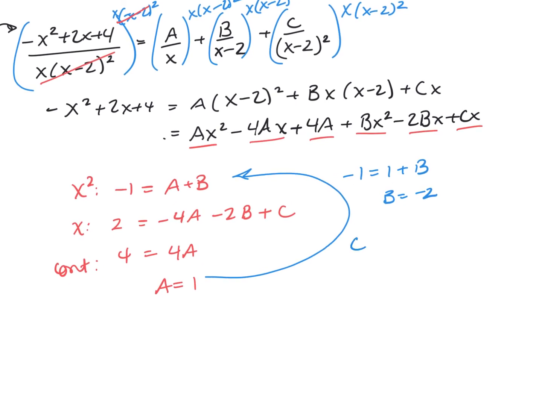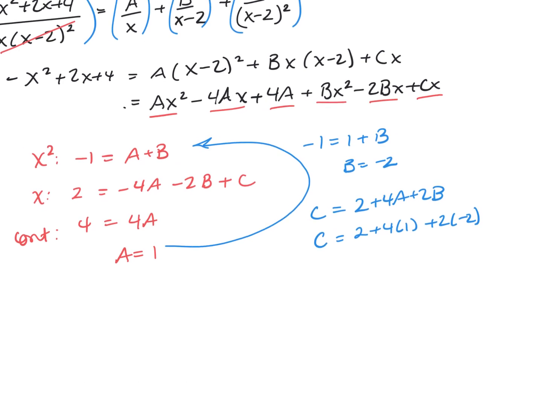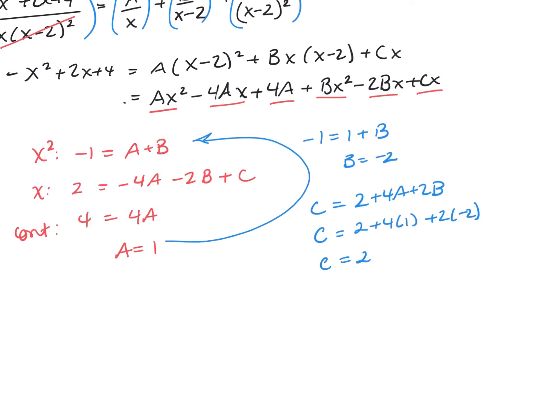That means C, which would be equal to 2 plus 4A plus 2B, C must be equal to 2 plus 4 multiplied by 1 plus 2 multiplied by negative 2. So C must be equal to 2.